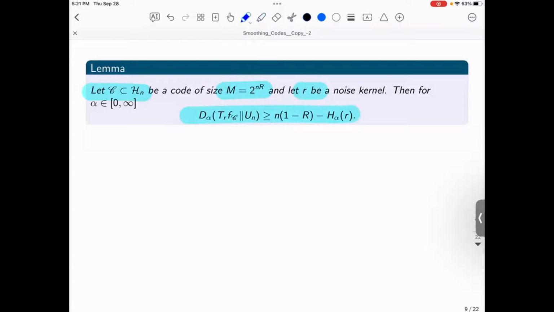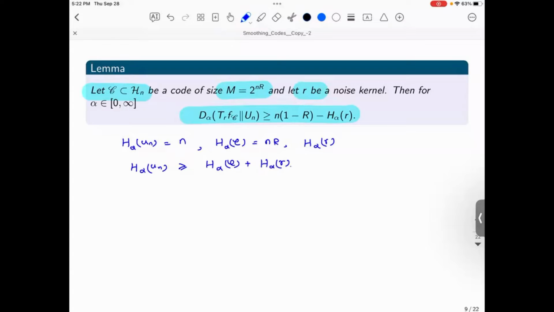If I explain what this means, one can prove that the Rényi entropy of the uniform distribution is n, the Rényi entropy of this code is nR, and the Rényi entropy of R is this.